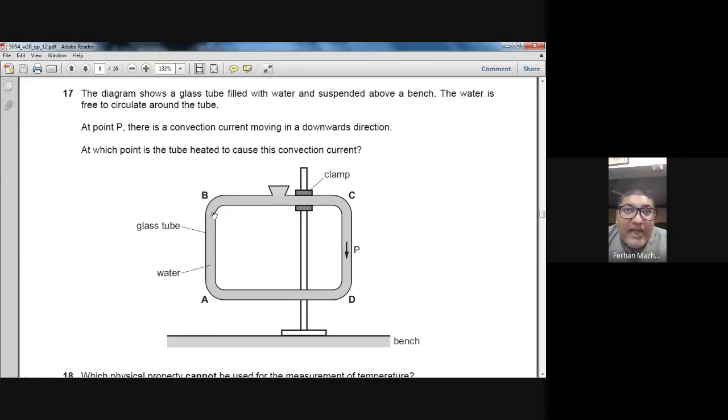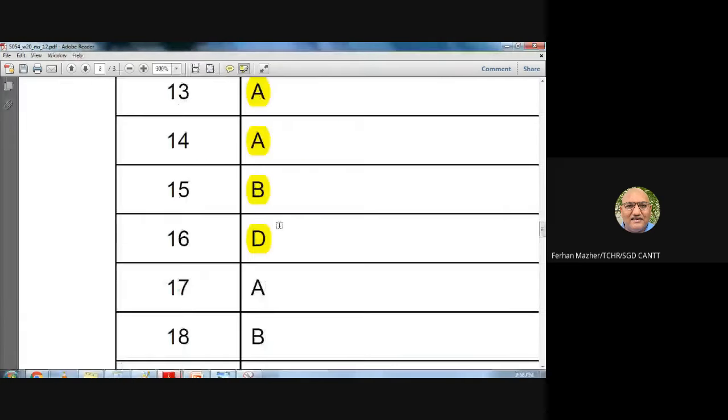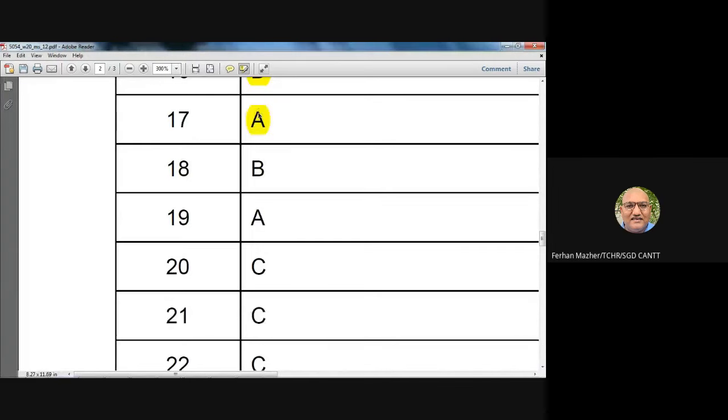Convection current will set in, and the water will circulate in a clockwise manner in this tube. So the heating should be done at point A. Question number 17, A is the option.